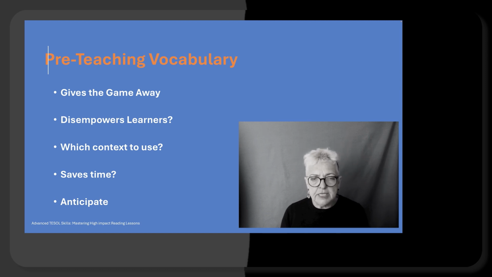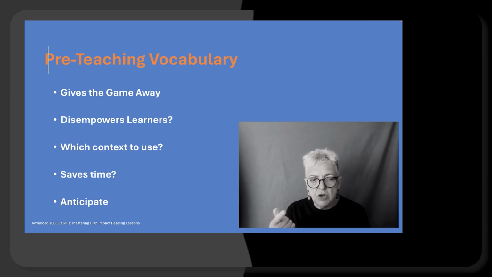So what I would suggest is, rather than consider pre-teaching, anticipate lexis as an anticipated problem. So think, what do I think the students will have problems with? It'd be these five words. If the students have problems with these words, I will use this means to explain.